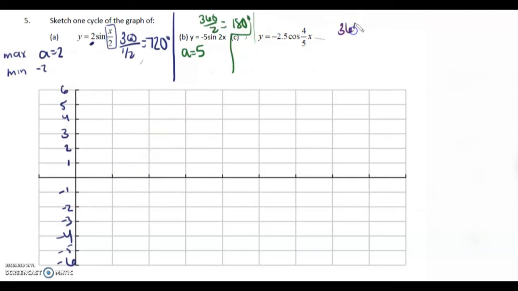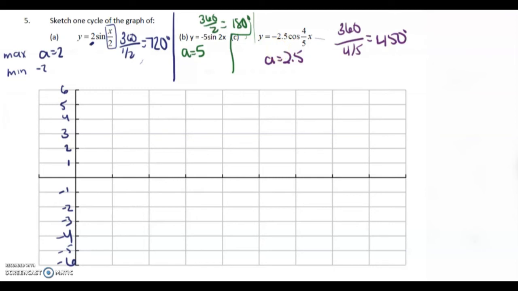So 360 divided by 4/5. 360 divided by 4 divided by 5. It's like 360 divided by 0.8, which is 450. Okay, and the amplitude here is 2.5.